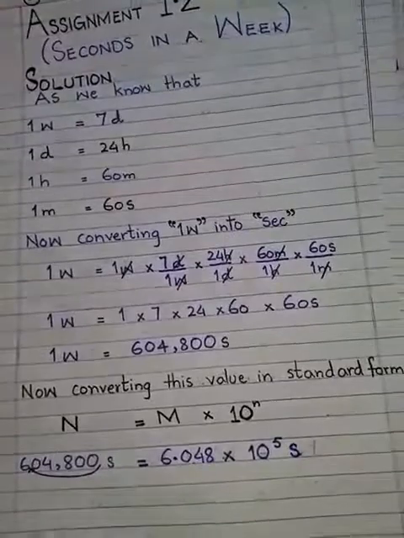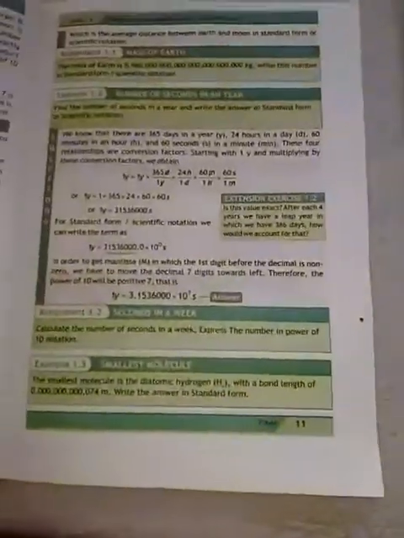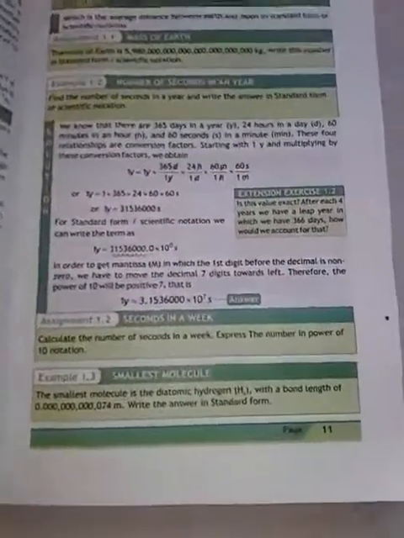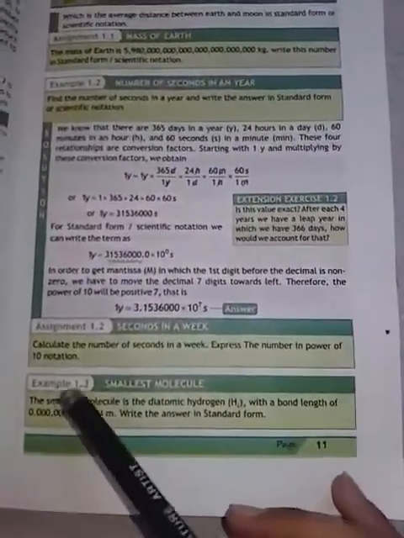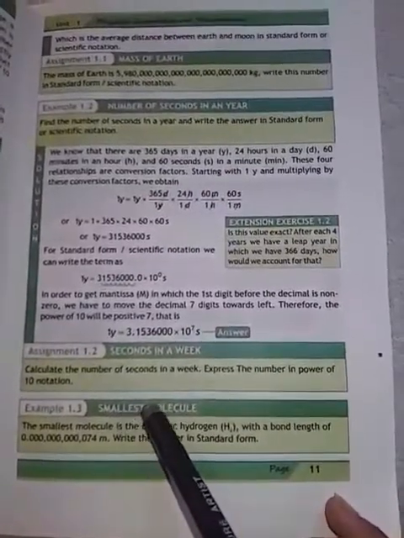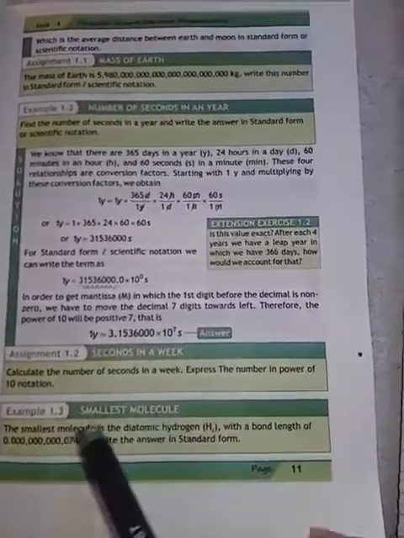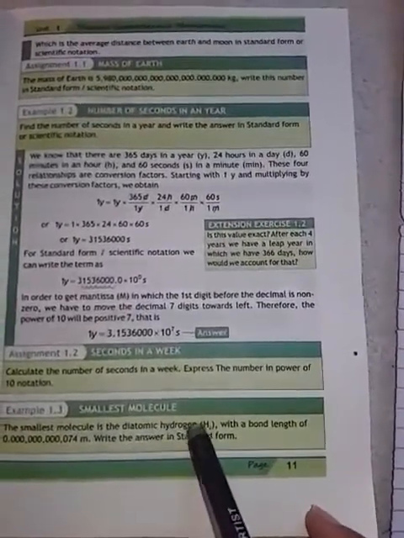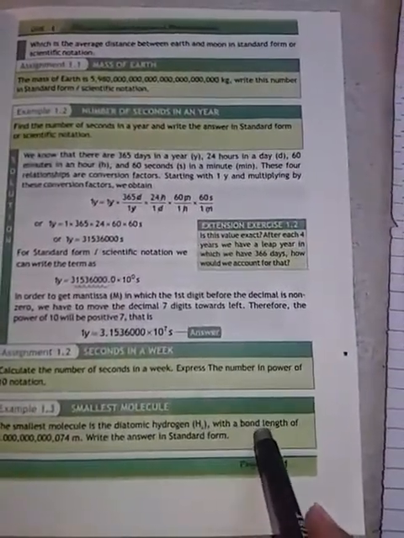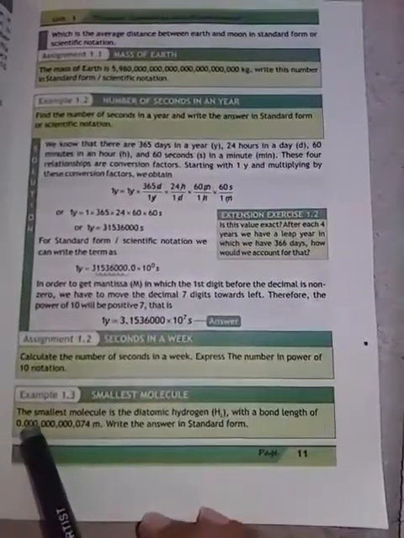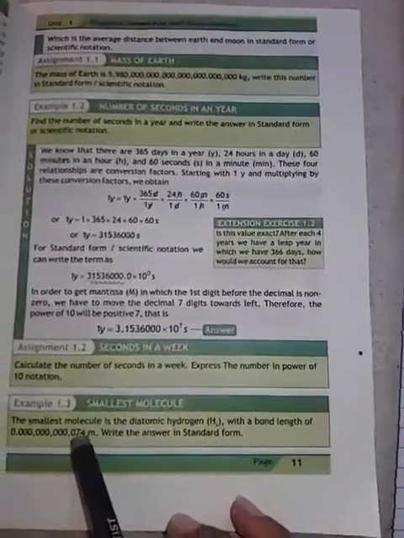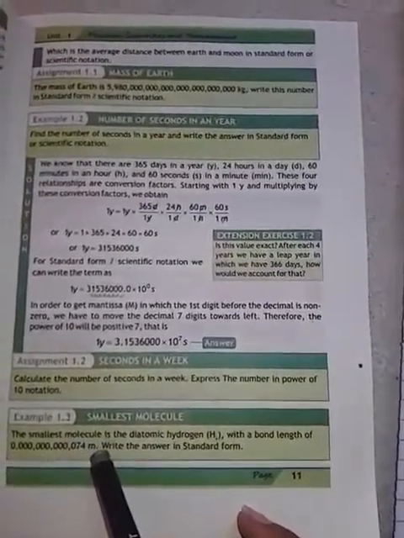Okay, now girls, example question number 1.3 on page number 11. This example question is related to the smallest molecule. The smallest molecule is the diatomic hydrogen H2 with a bond length of 0.0000000074 meter.